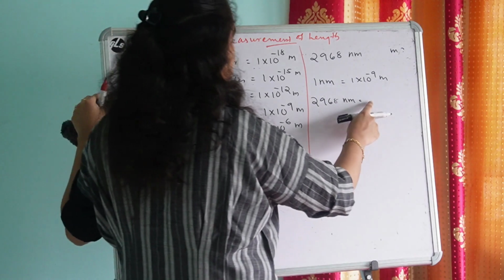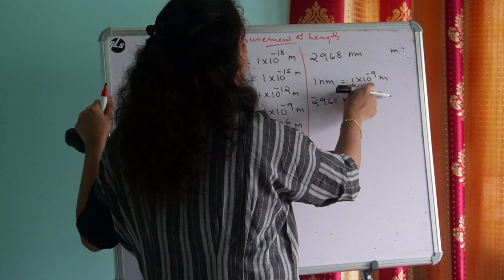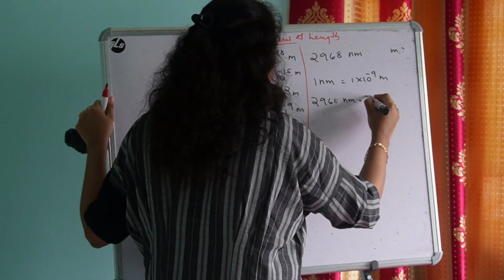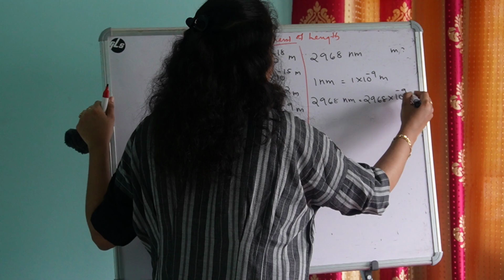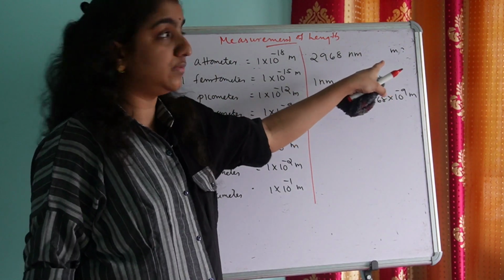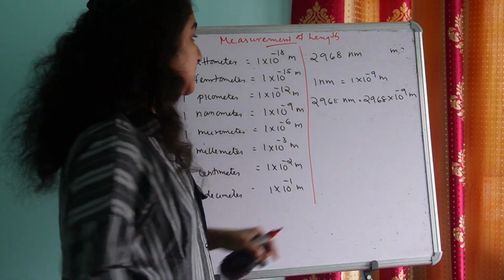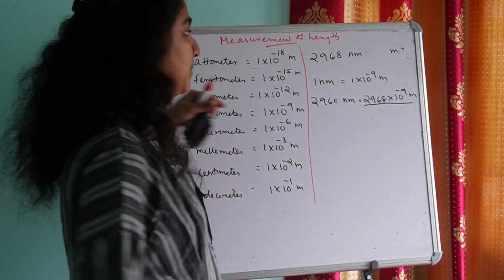So on the right side also I have to multiply the number 1 into 10 power minus 9 by 2968. So 2968 into 10 power minus 9 meters is the given length between those two atoms in meters.